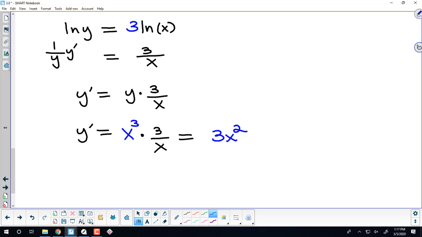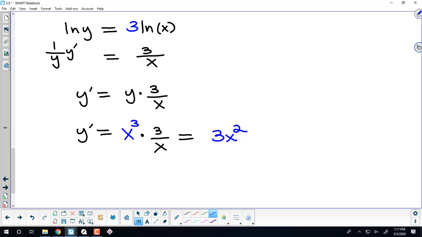So again, in an instance like that, you wouldn't use logarithmic differentiation. It's just a power rule. What we've shown is that you could totally do logarithmic differentiation if it works. But we're reserving this process for more complex looking functions that have multiple operations involved.